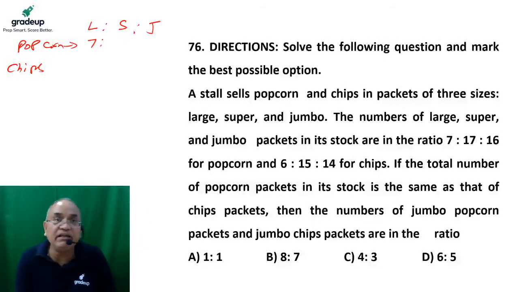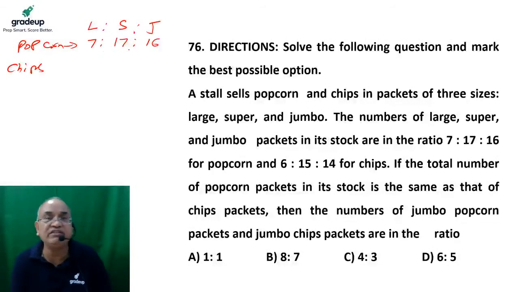So large are 7, supers are 17 and jumbos are 16. So they are in the ratio of 7, 17 and 16 for popcorn.